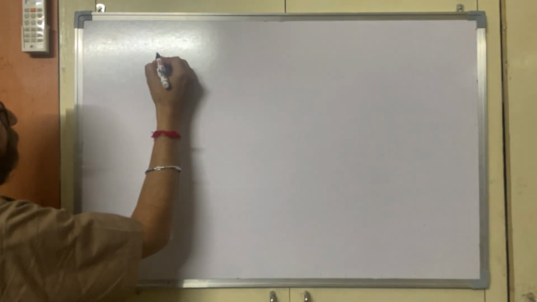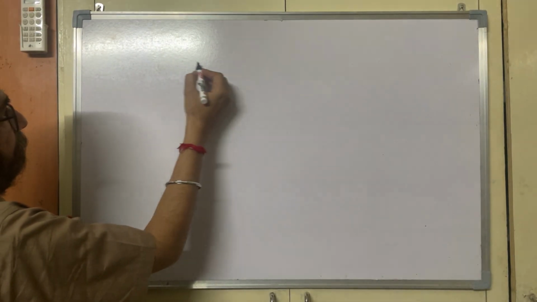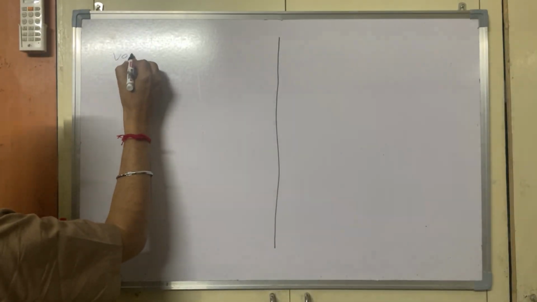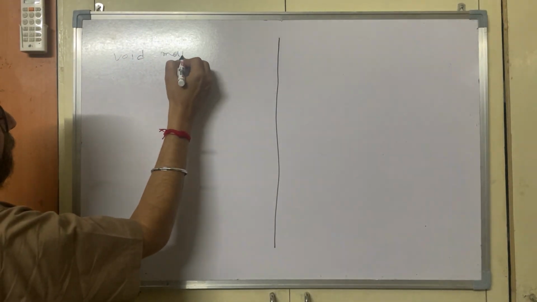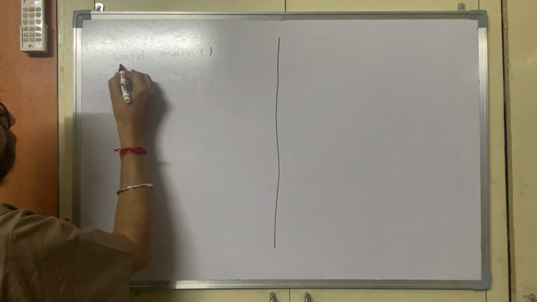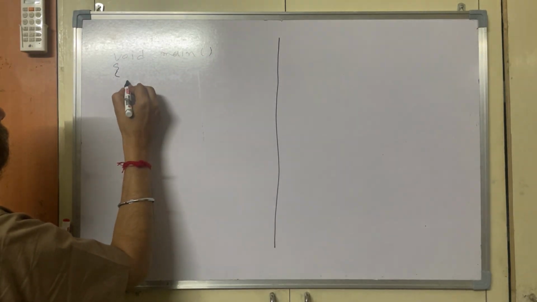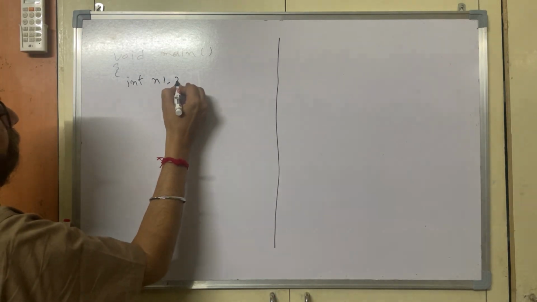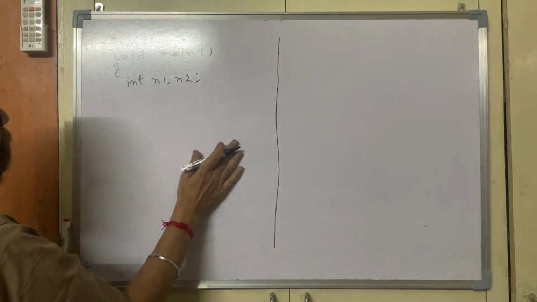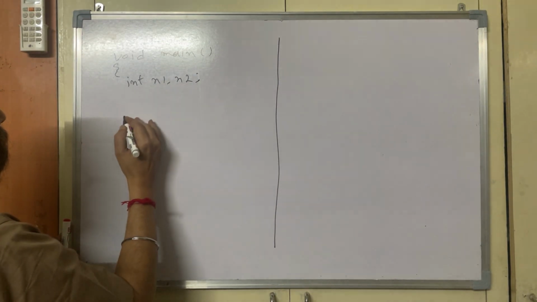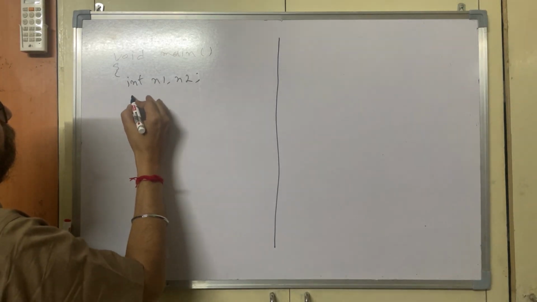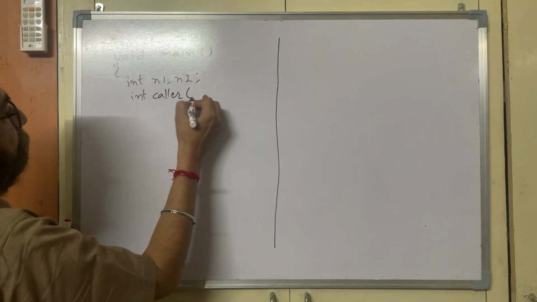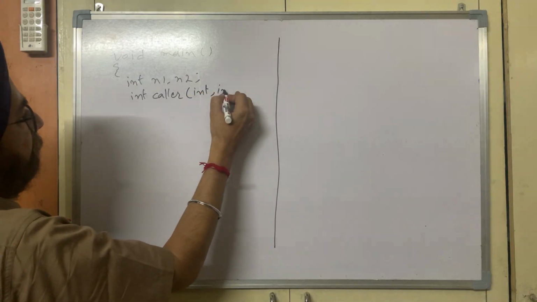Suppose I'm making here void main, int n1, n2, a declaration of the function caller using int.